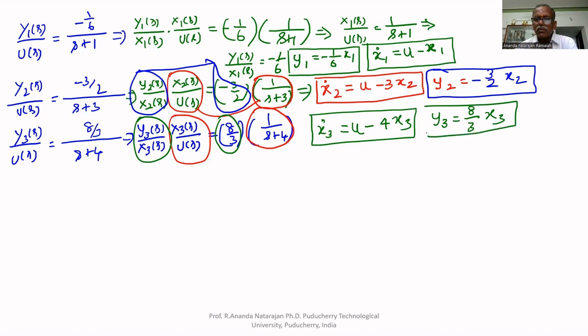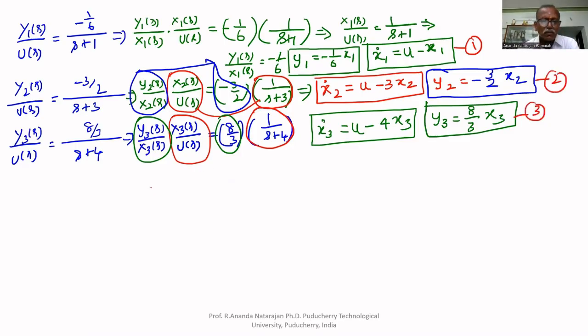This is another equation. Now we have to realize all in parallel. The first equation is here. Second equation is this. This is the third equation.